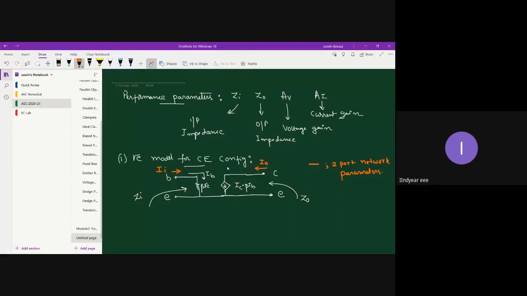All right, fine. So that being said, we can go ahead with estimating the performance parameters. First, let us take up Zi. Let me also mark the input voltage and the output voltage.